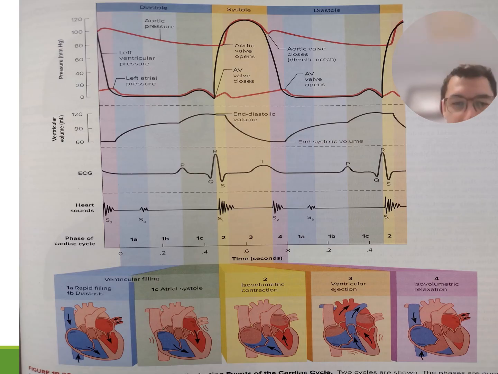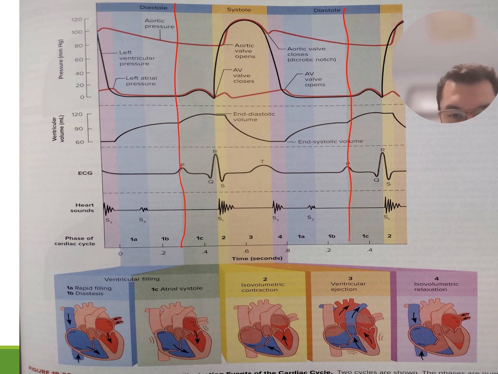So let's put everything that we've learned into perspective. We talked about the cardiac cycle, which is the period in which one heartbeat starts and one heartbeat ends. We start all of it with atrial systole. So we're going to match everything right here to this green line, the beginning to the end of this green line.